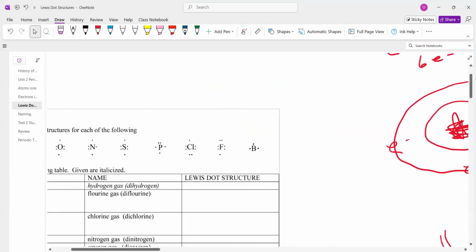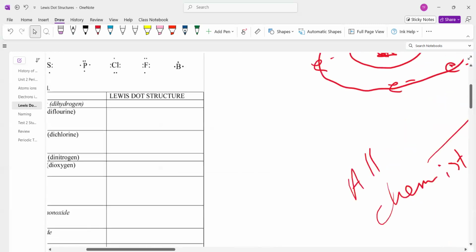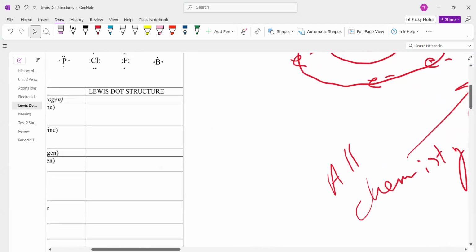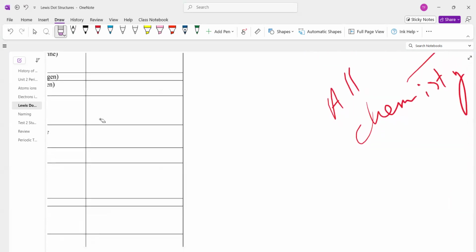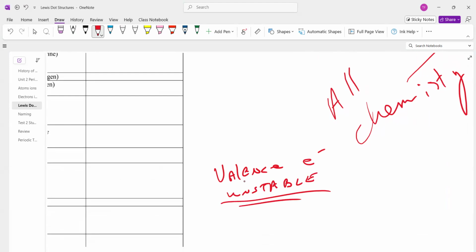Now, the important part on this is whenever we have an unstable valence electron, the main way it becomes more stable is to pair up with someone, meaning another valence electron in another atom.